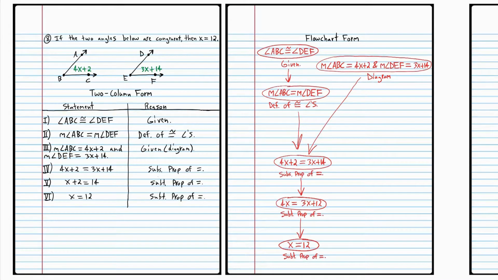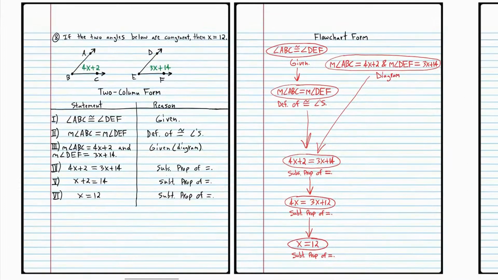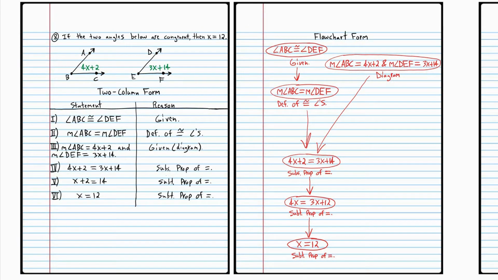All right, we're back. So your flowchart should look something like this. Obviously, if the angles are congruent, then the measure of the angles must be equal. So this information follows from this information. That's why we have arrows connecting them, or one arrow connecting them.